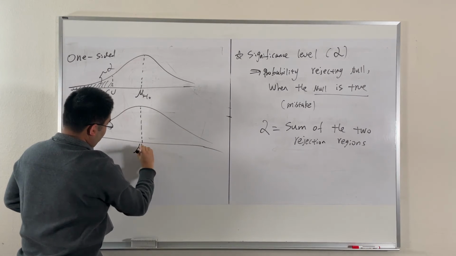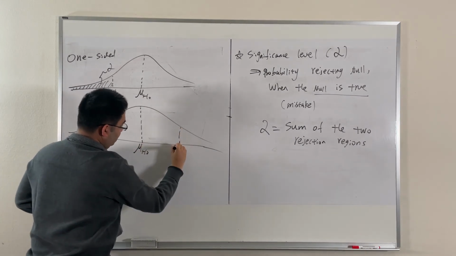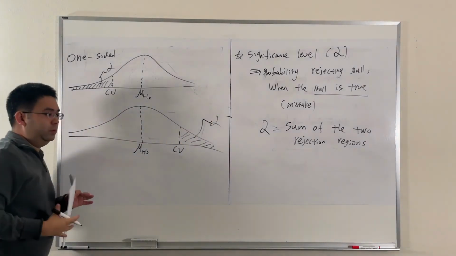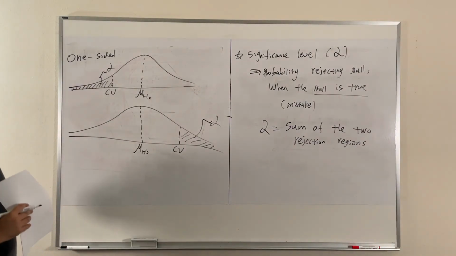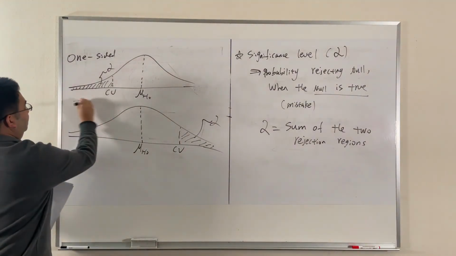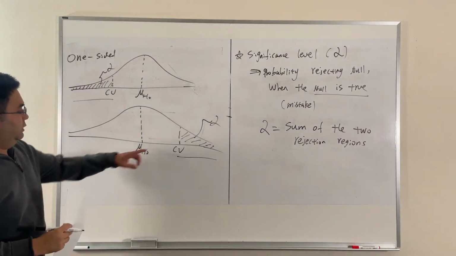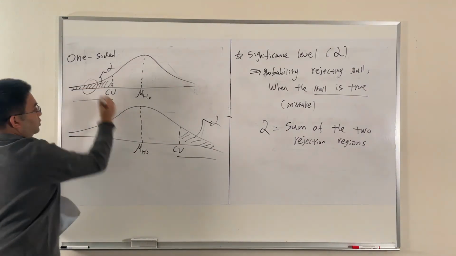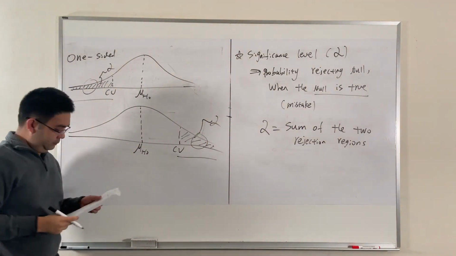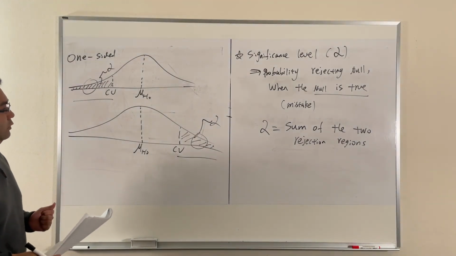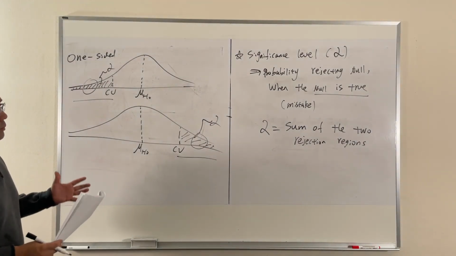The mu H naught is here, your critical value is here, then this is your alpha. So it depends on what type of test you are looking at and whether you're doing the smaller scenario or the larger scenario. You're looking at alpha to be this region or this region here. And what are the common alphas that we use before we do the testing?